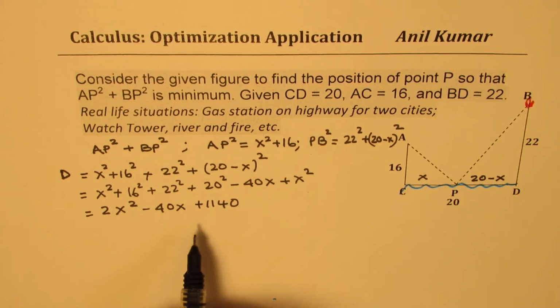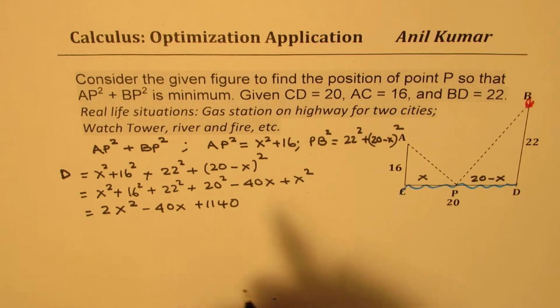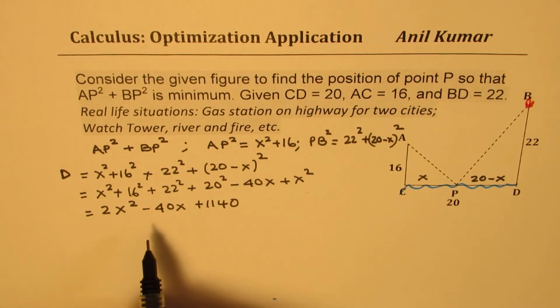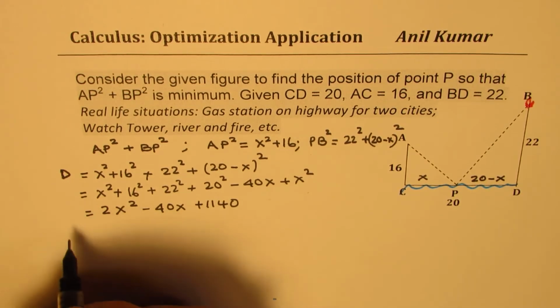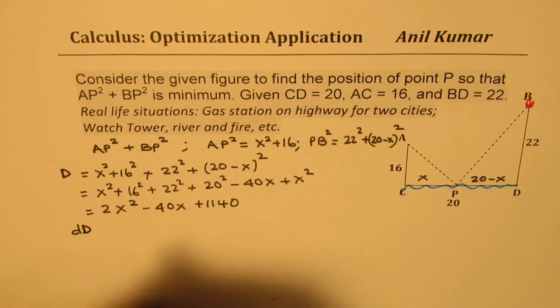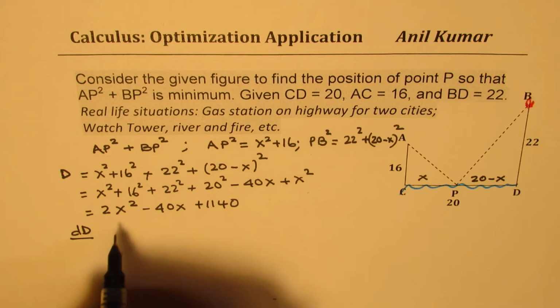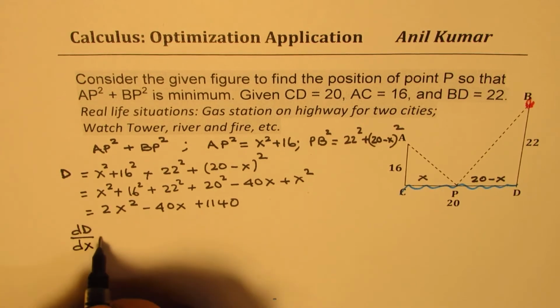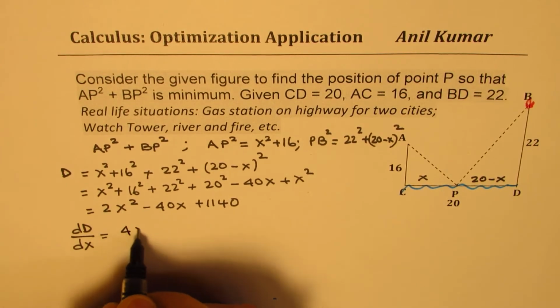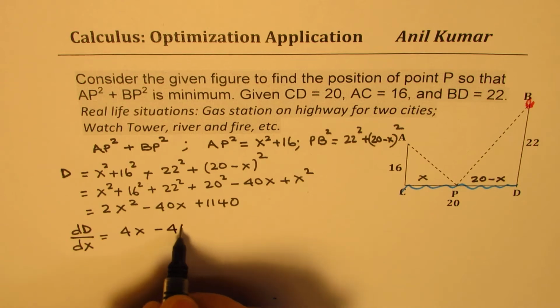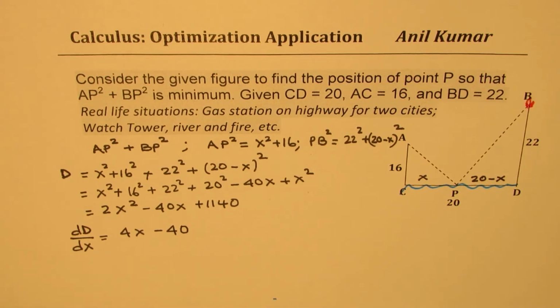So that becomes our equation, right? To minimize, we'll take derivative of this, right? And then equate it to 0 to find the critical number. So the derivative for this total distance, which is actually the squares addition, with respect to the variable x will be 4x minus 40. Now to find the critical number, this derivative should be 0, right?